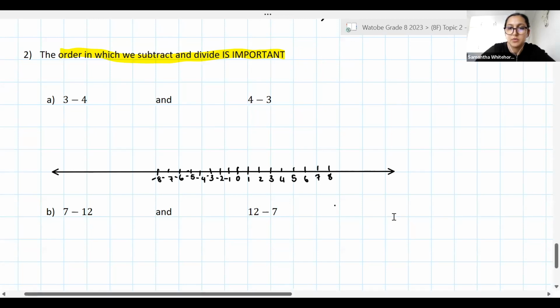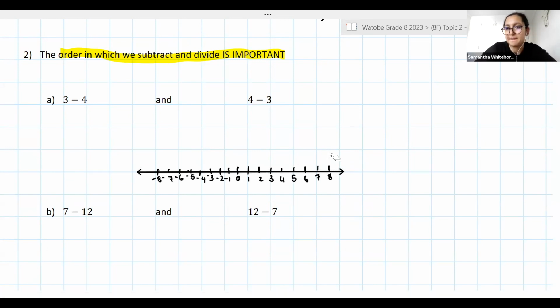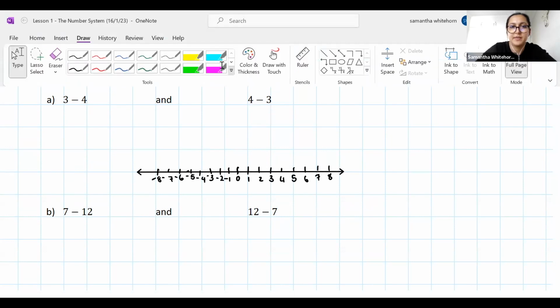You can already see some awesome answers coming through. My number line looks a little bit aggressive so long, so I'm just going to make it shorter. Don't fight with me. Excellent, guys. Some good answers coming through.